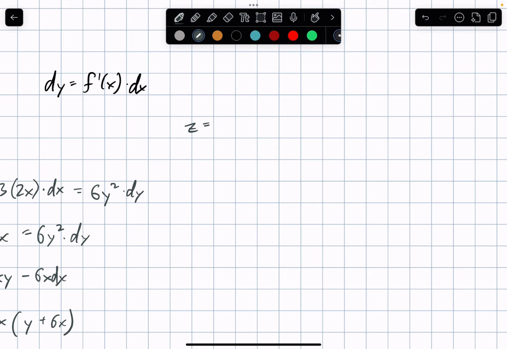How about involving 3 variables this time? So we have dz equal to 2 times. This is before applying derivative. Let's transform this first into exponential form.